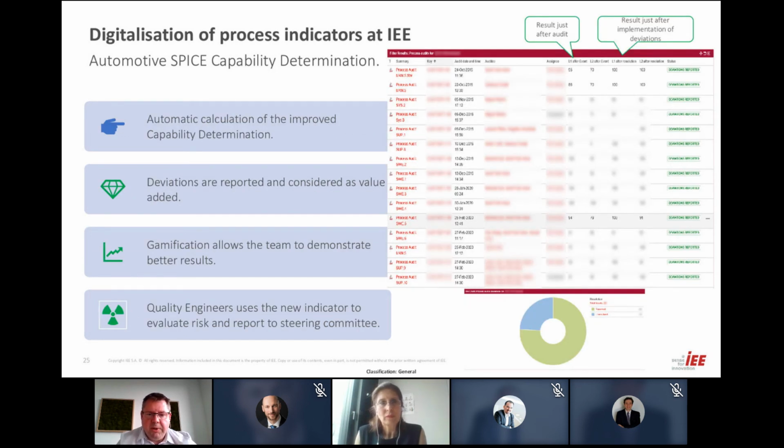So on the right side, you see the kind of report we receive, and you would see some numbers that give the level 1 and level 2 capability just after an audit. Once the deviations are implemented and closed, this capability increases automatically.